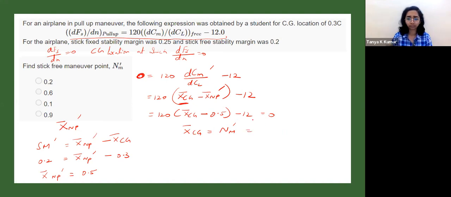So what is this value? Just calculate in that equation. 0.6. Correct. So that is 0.6.